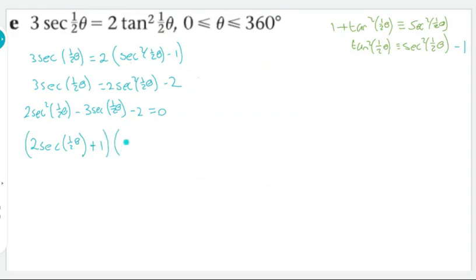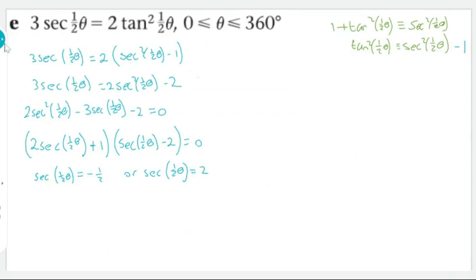So that factorizes to 2 sec a half theta plus 1 and sec a half theta minus 2, equals 0. And then sec of a half theta is equal to minus a half, or sec of a half theta is equal to 2.